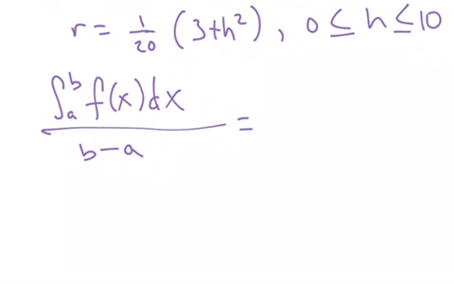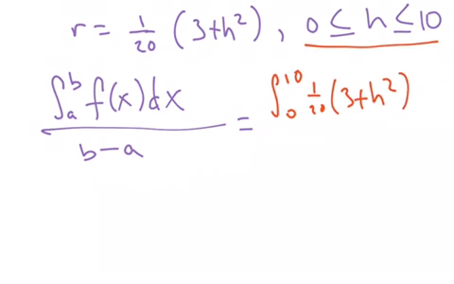So we're going to integrate from 0 to 10 of 1 over 20 times 3 plus h squared dx. Oh, I'm sorry, not dx here. We're doing dh. And what's the interval? From 0 to 10. So let's clean this up a little bit.